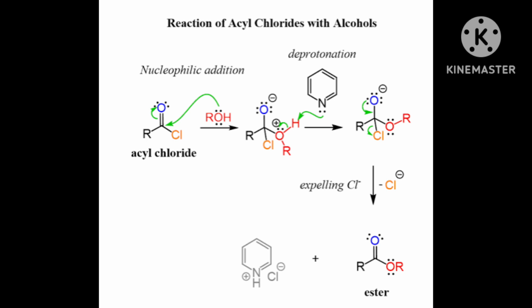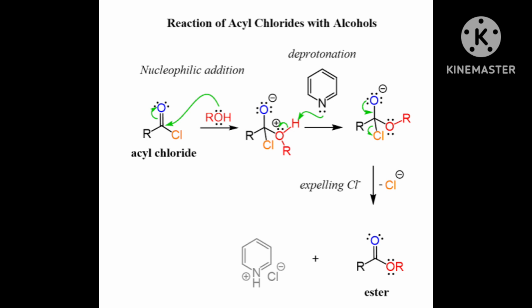That means in RCO, the C is positive. Then that will go and join with RO. The O was negative because H went away as H plus. Then this RCO carbon will go and join with oxygen.